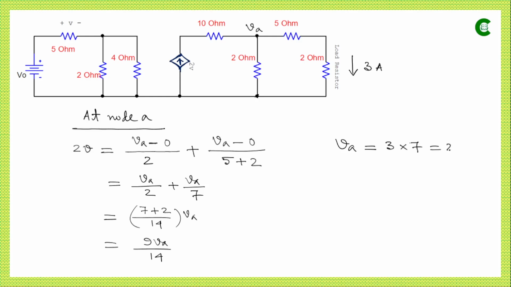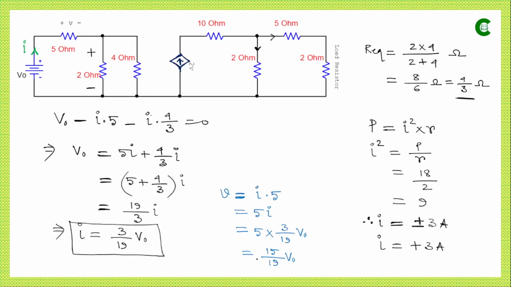So that is 21 volt. That means we can say that 2V will be equal to 9 multiplied by small va, which we have calculated as 21 volt, divided by 14. So we can say small v will be equal to 27 by 4 volt.